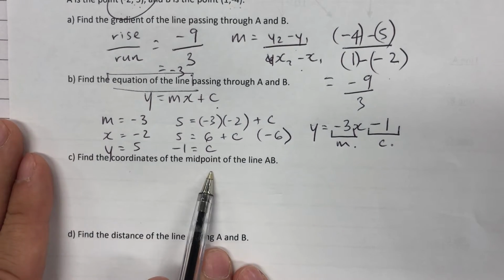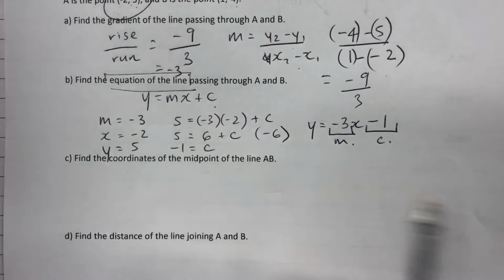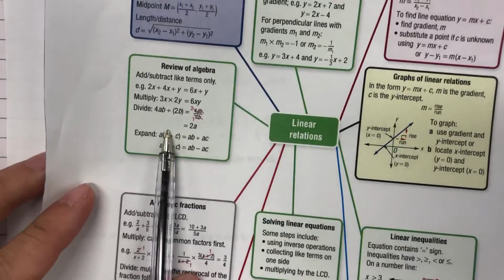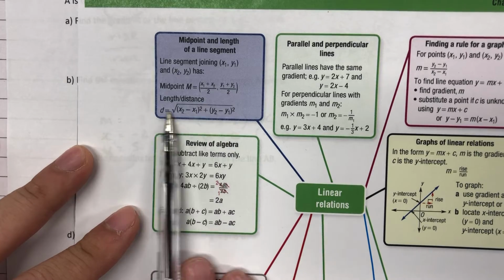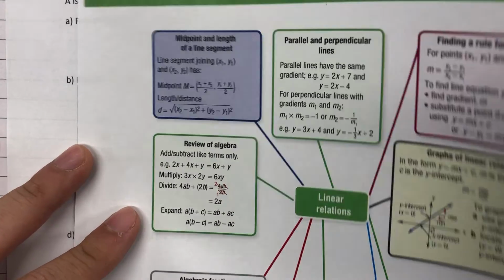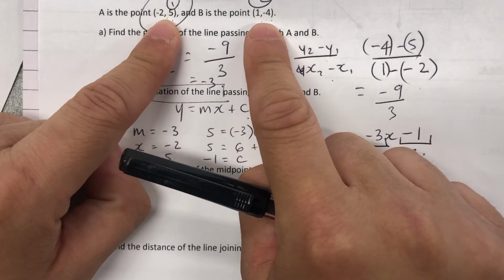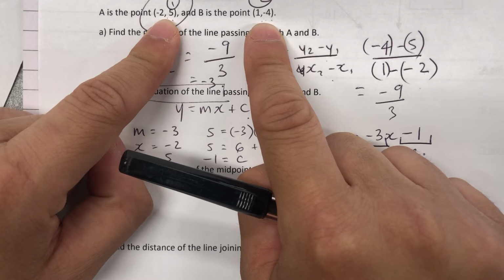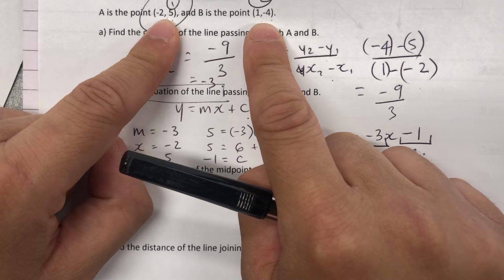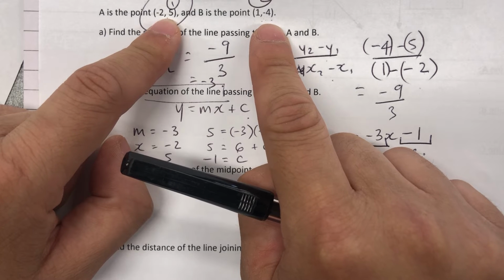Coordinates of the midpoint. So we've done that recently. You'll just have to use the formula that's given to you, which is over here. Midpoint formula, and then the distance formula. So if you look at these two coordinates, again, you can just look at them and think, well, what's in the middle of minus 2 and 1? What's in the middle of 5 and minus 4?